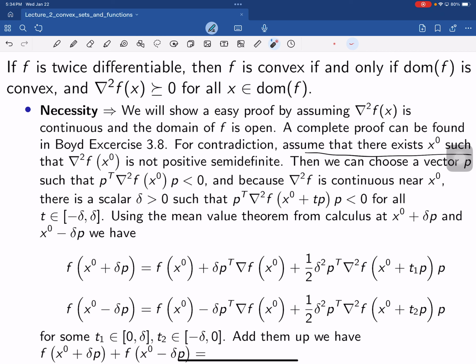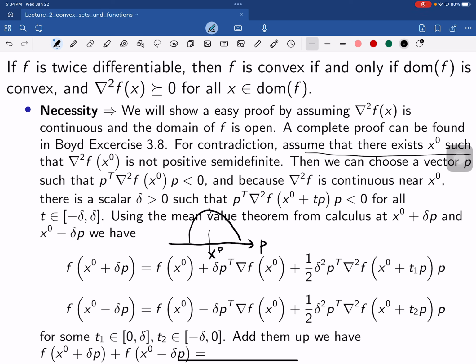Geometrically, assume this is a p direction, and I'm only considering the function in the p direction. I know the Hessian is not positive semi-definite in the p direction, so this function looks something like this at this particular point x0.